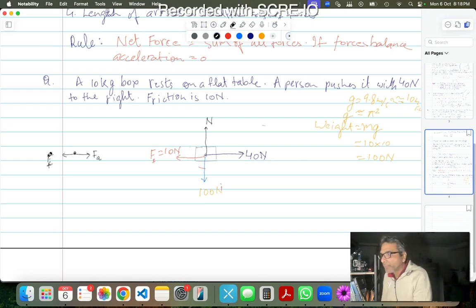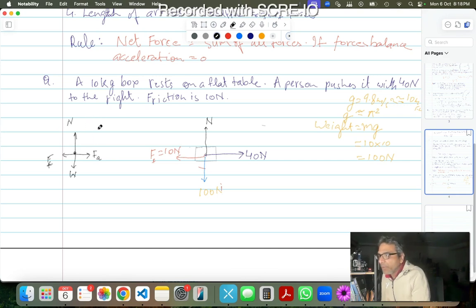And there is a weight, because weight is always on the downward side. Okay. So that's the weight. And because it's not moving downwards, it's resting, that means there must be an equal and opposite force which is acting upward. That is called the normal force.